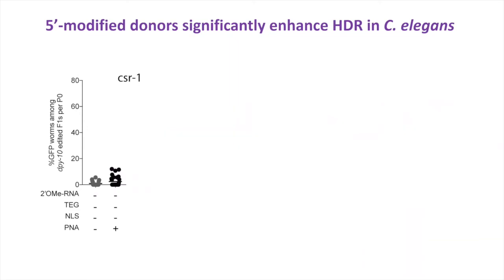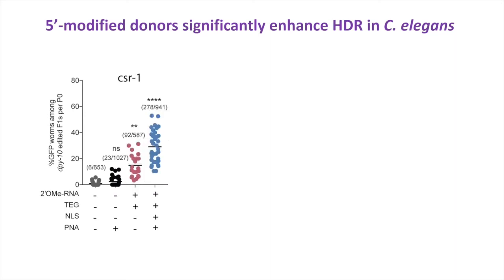So a normal donor produces, Krishna was doing his PhD with Craig Mello in C. elegans, the nematode worm, where HDR was pretty inefficient. So with a normal donor, you can see that we see really very poor editing. Less than 1% of worms were showing the desired genotype.